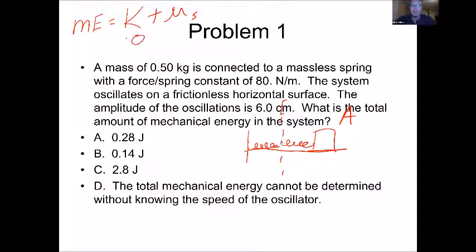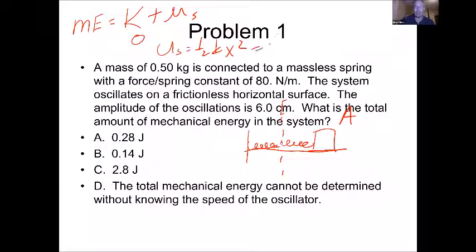So that means at that instant, all the system's mechanical energy is elastic potential. So we can use our elastic potential energy equation, 1/2 kx squared, and we can calculate the mechanical energy at maximum amplitude, which turns out to be all of the mechanical energy of the system, because at that point, all of the energy is elastic potential.